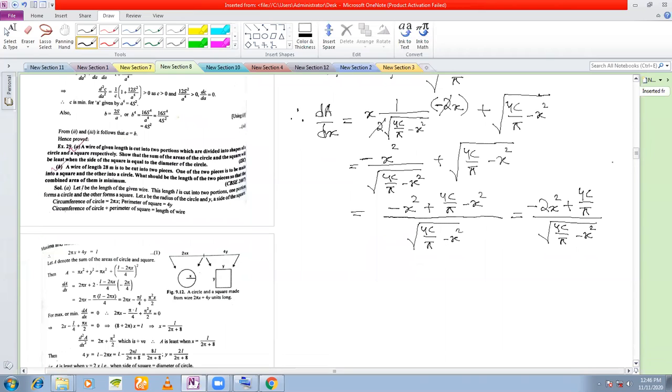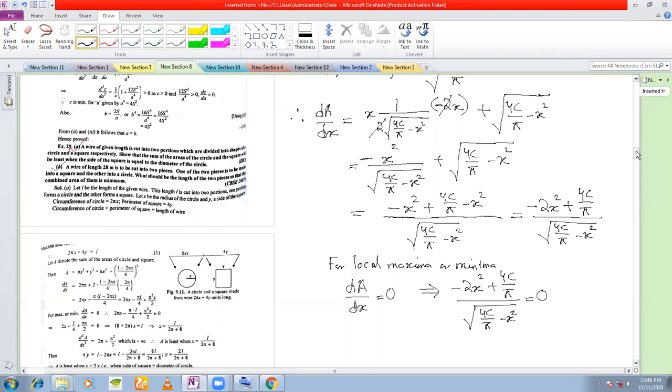Now what happens for local maxima or minima? You must have dA/dx equal to 0, right? That means minus 2x square plus 4c/pi, divided by root of 4c/pi minus x square, must be equal to 0.